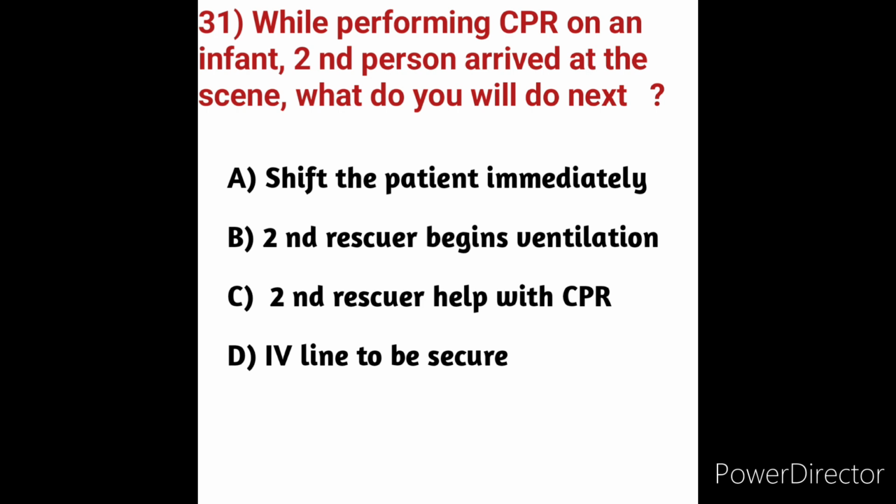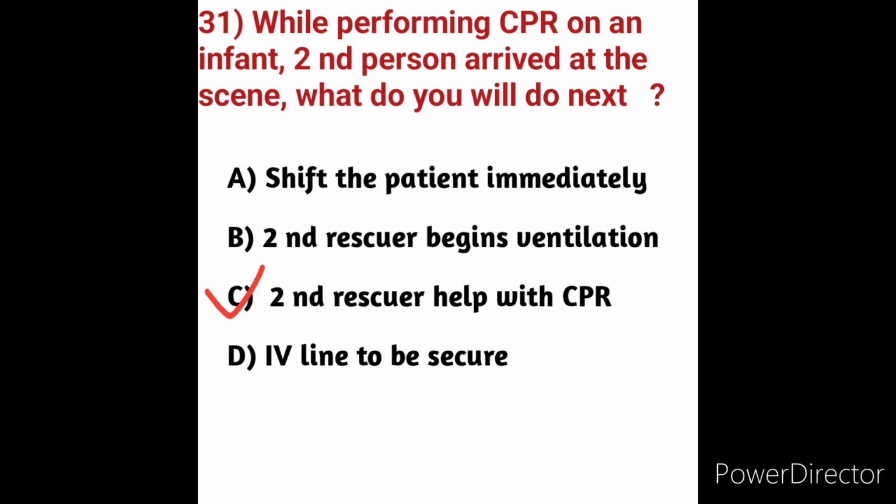Use an AED as soon as it is available. So here option C is the correct answer. The second rescuer has to help the first rescuer when they are giving the CPR procedure.